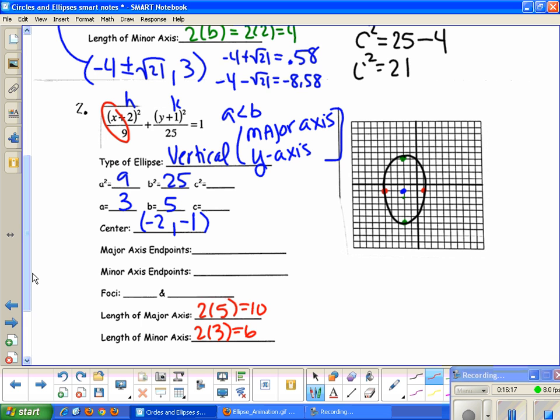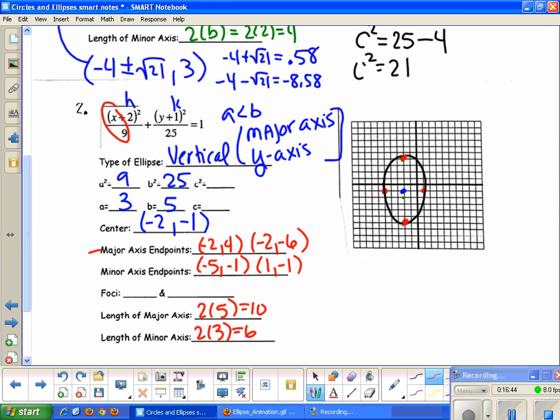So now I can write down the major axis endpoints, which would be here and here. So those major axis endpoints are at -2, 4, and -2, -6. The minor axis endpoints would be at -5, -1, and 1, -1, so you can just look at your graph.